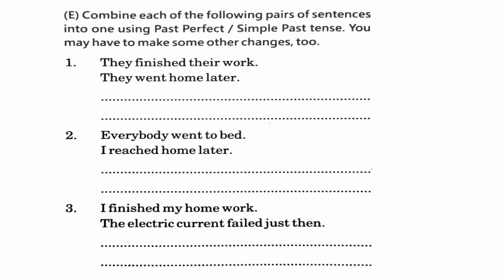You may have to make some other changes too. Now let's attempt. They finished their work. They went home later. So as we are attempting past perfect tense, we need to check the sequence of events and then we will be combining them together to form a meaningful sentence.